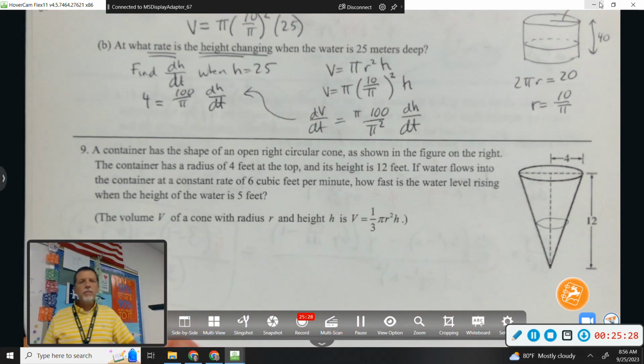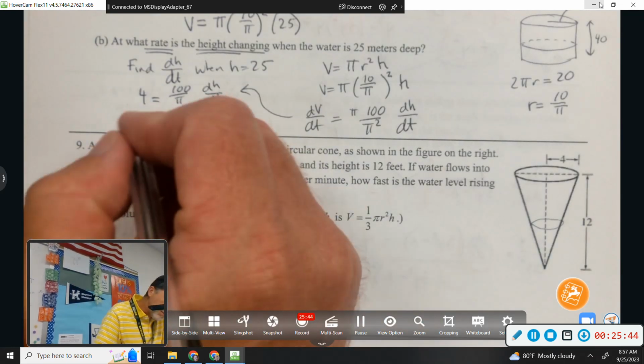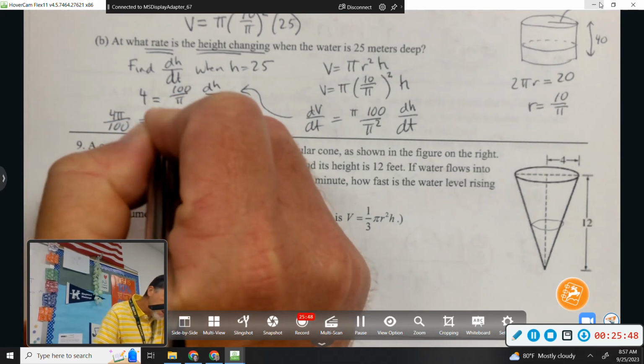Is that a safe stop? No. Why not? Yeah, I've got to solve for dh/dt. I'm almost there, but that's not calculator ready yet. Let's multiply by pi and divide by 100, and now we're good.